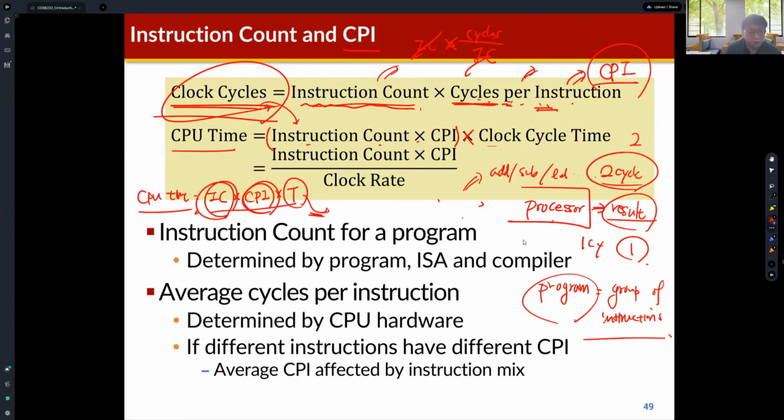The instruction count is determined by the program. If the program size is very large, the instruction count is also large. But if the program size is small, the instruction count is also small. So usually the instruction count is determined by the program.